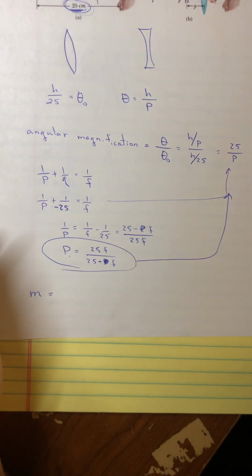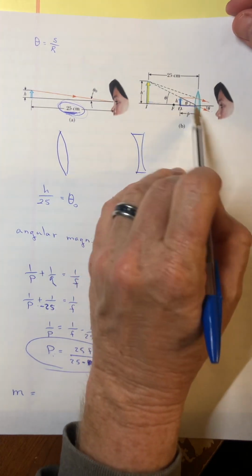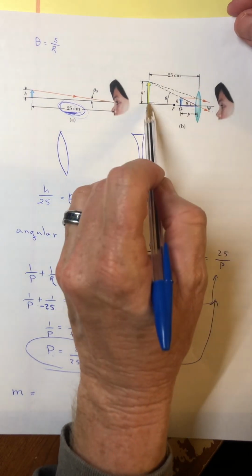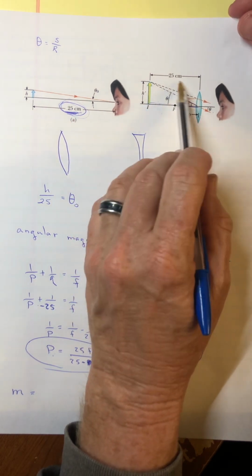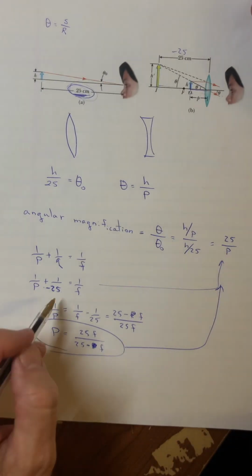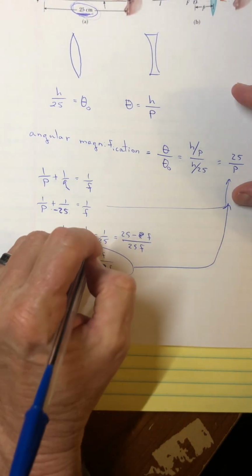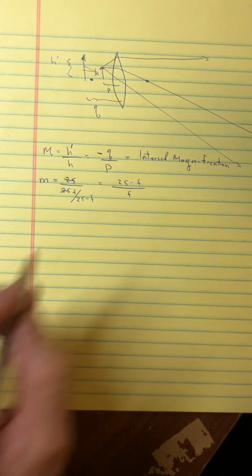I was trying to see how best to write it, but remember your sign conventions. This is a good example of how easy it is to screw up, because we think in terms of magnitude, but remember, it's a virtual image. The light comes in, and the light actually goes here. So this is our image on the virtual side, where the light doesn't go. This is a negative 25 when we put it into our equation, which then makes that a plus, and that's what was bothering me.